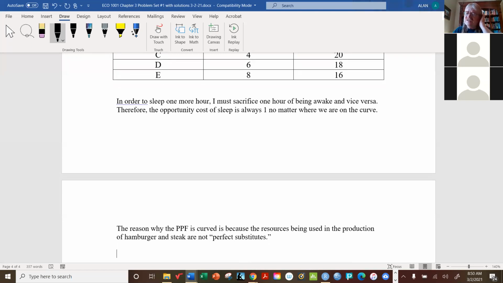In other words, there comes a point where you can only squeeze so much out of your resources. It's kind of like farmers growing crops on their land. Not all the land might be equally suitable for both, let's say, corn and wheat, and so they're not perfect substitutes for each other. So you might get a curved production possibilities frontier.